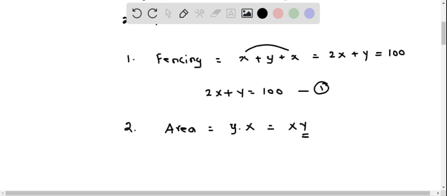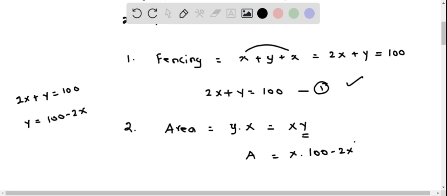So first let's find y from this constraint equation. We have 2x plus y equals 100. Subtracting 2x from both sides, we get y equals 100 minus 2x. And so therefore we can now write down this area. We represent area by A, and this equals x times y, which equals x times 100 minus 2x.